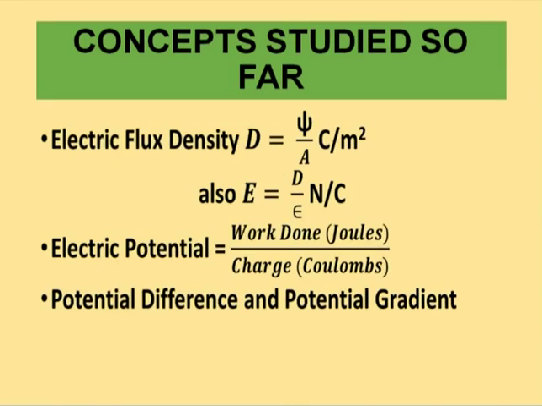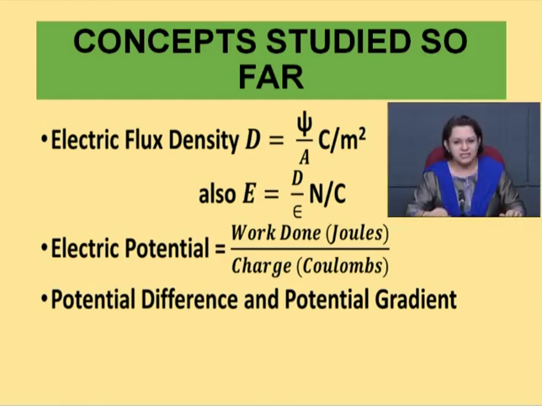We have also come across the definitions of electric flux density, the flux denoted by psi, the density denoted by the flux per unit area expressed as coulombs per meter. The flux density is also expressed in terms of the electric field strength, as we found earlier.